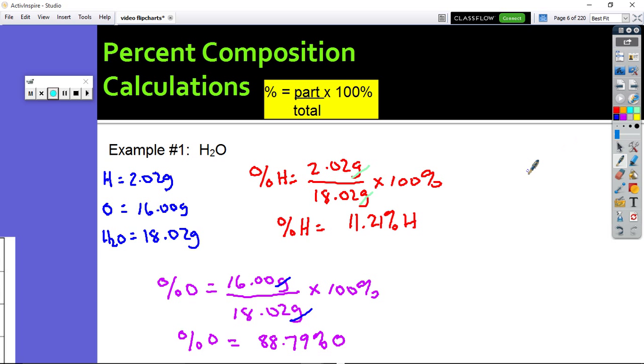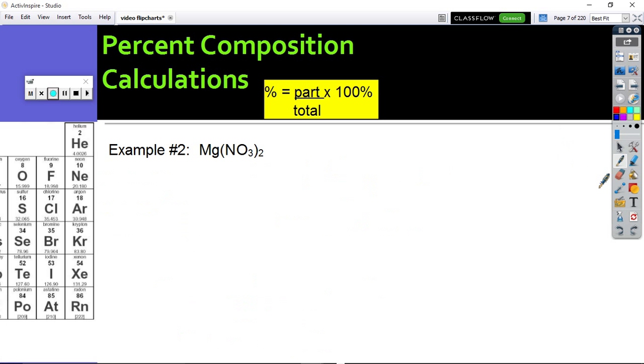Let's try the magnesium nitrate. Just a reminder of what we found out in the past. Magnesium had a mass of 24.31. The nitrogen had a mass of 28.02.